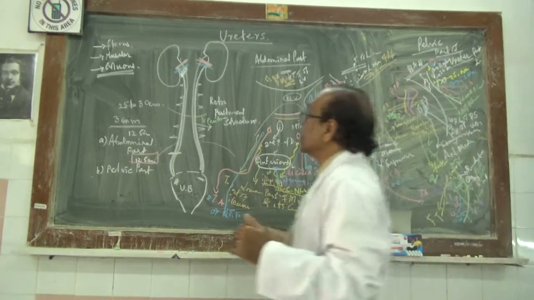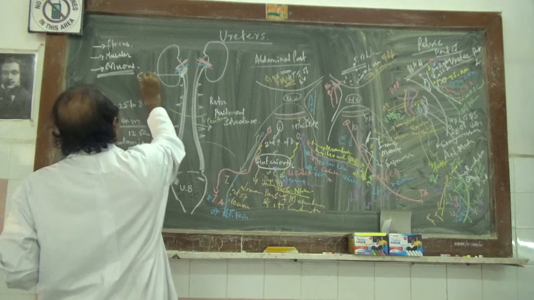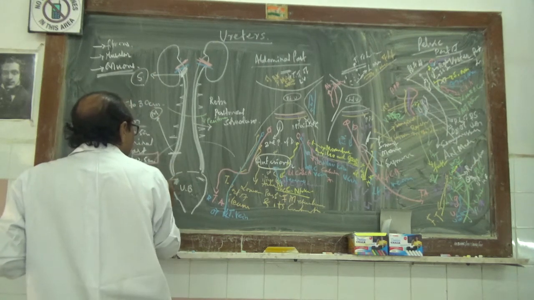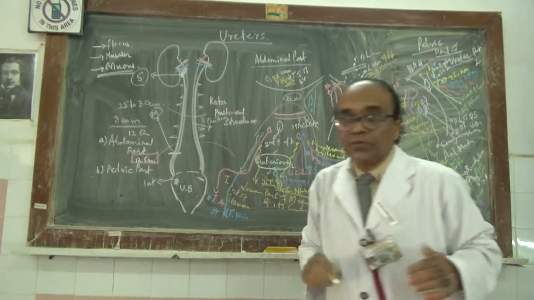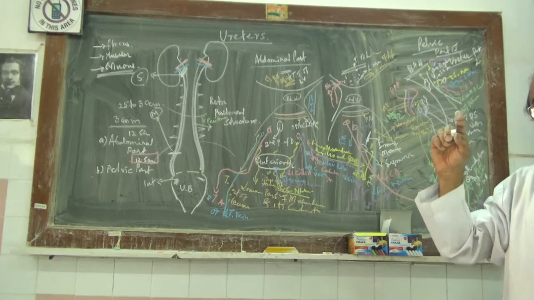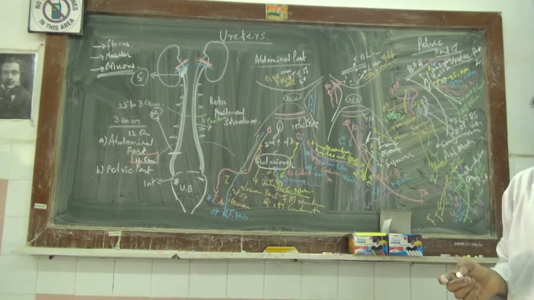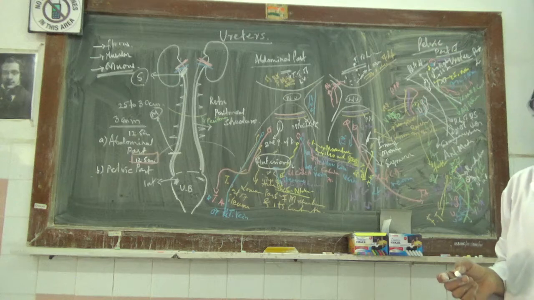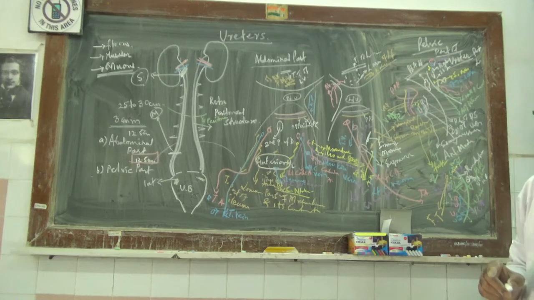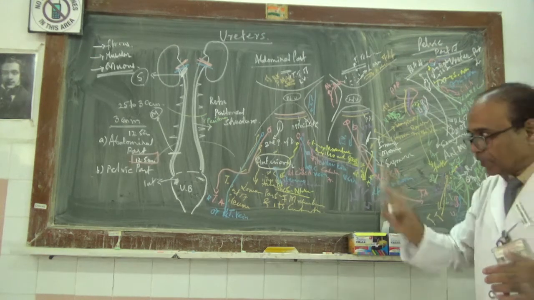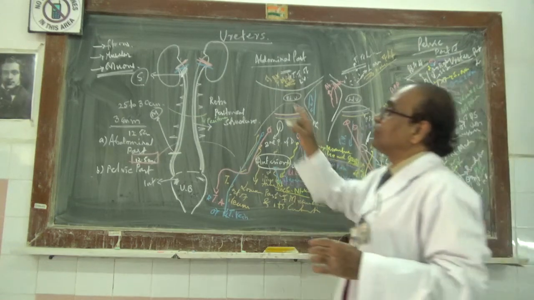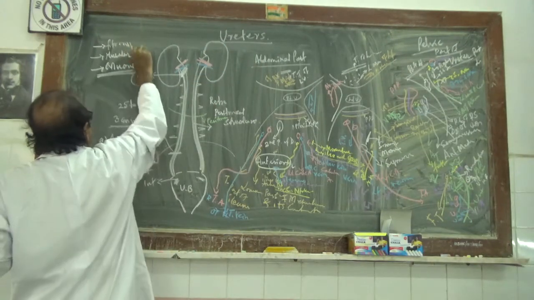These are the three constrictions: superior, middle and inferior. So one is at the ending of the funnel-shaped renal pelvis, another in the middle at the brim, and another at the terminal where it opens into the urinary bladder. These are the natural or anatomical constrictions.